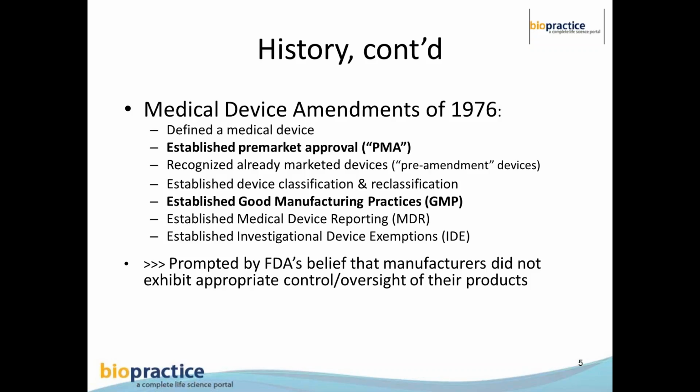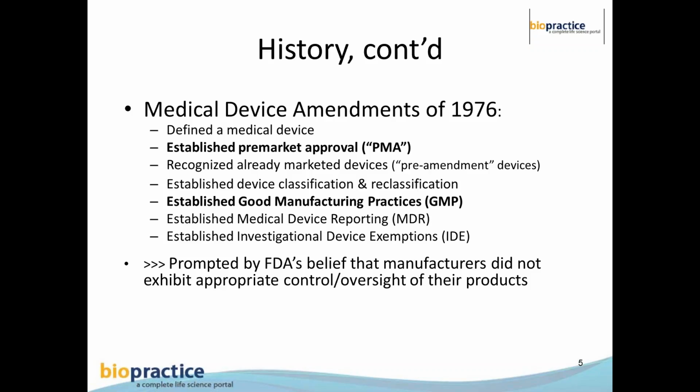That didn't happen until the Medical Device Amendments of 1976, which finally established the pre-market approval mechanism, or PMA. It recognized already marketed devices, these pre-amendment devices, established device classification and reclassification, established good manufacturing practices, and all of the other things that are listed here. Because in the intervening years, between 1938 and 1976, FDA saw this explosion in medical technology, a lot of which was an outgrowth of the space program from the 50s and 60s.